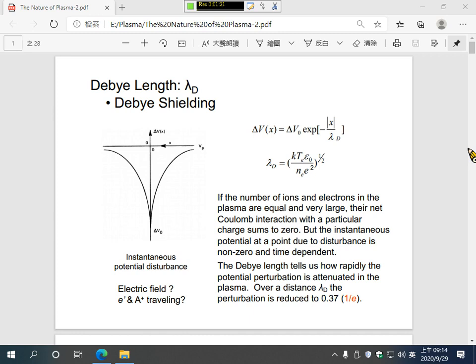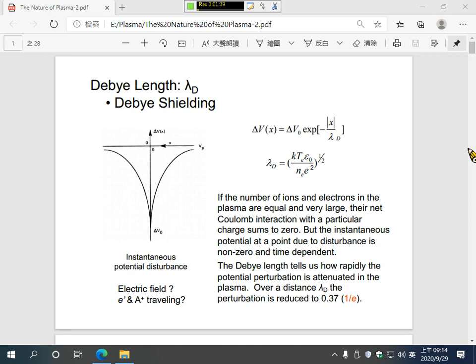In that figure, we can also find a parameter, the Debye length, lambda sub D. Okay, so the Debye length is a scale.